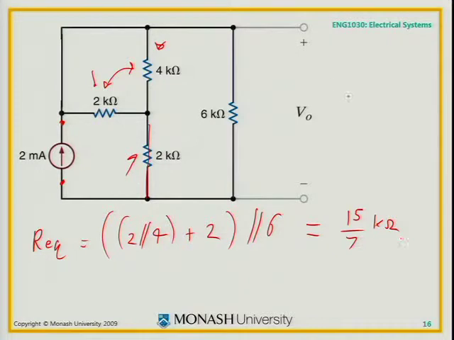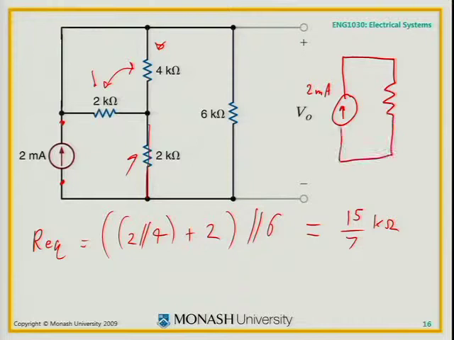What I've reduced this to now is this circuit, 2 milliamps, R equivalent, and the voltage that I wanted that whole time was here, plus, minus, V0. So to get V0, I multiply the current 2 milliamps times the equivalent resistance, and I'm done.